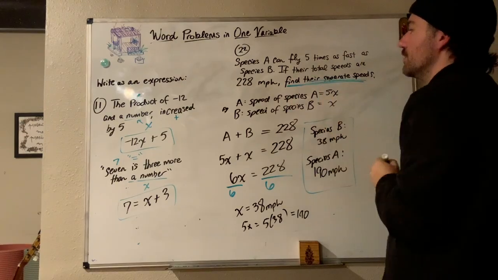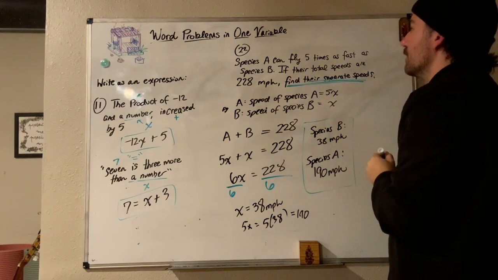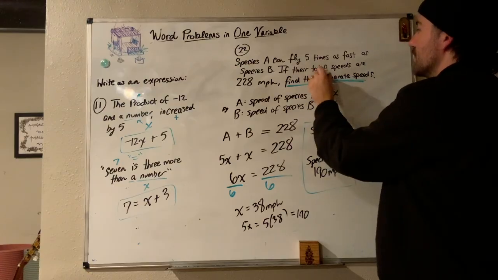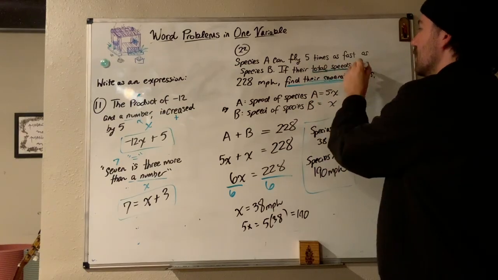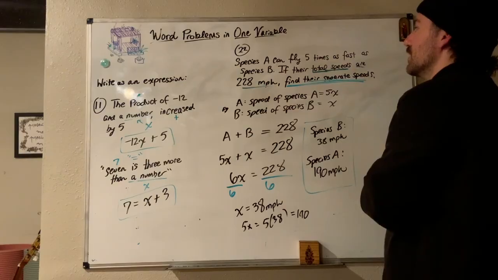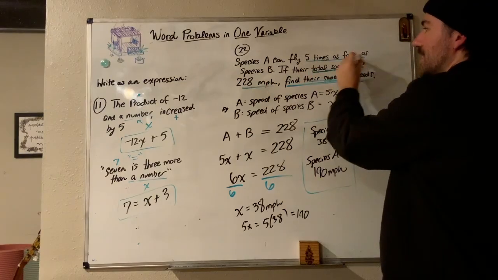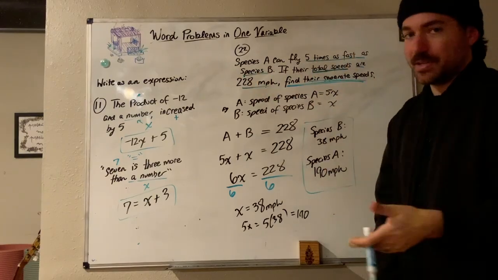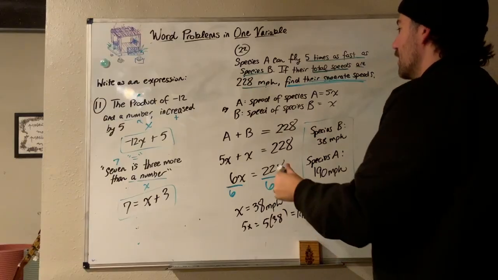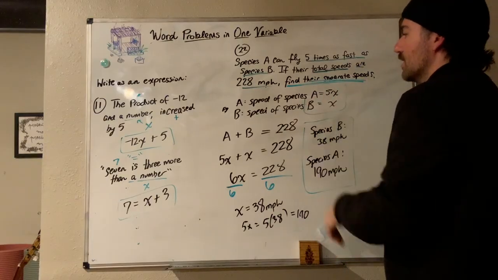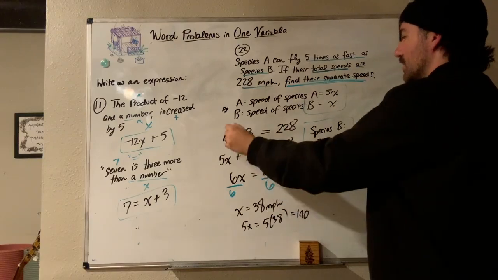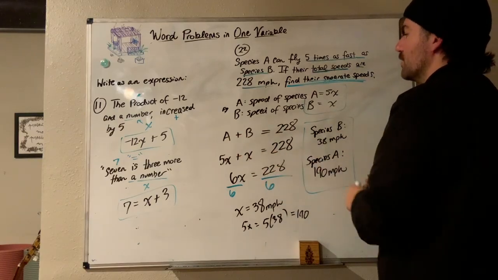Maybe first determine what they're asking for. Look for some kind of total statement, total speeds are 228. We get this 5 times as fast as species B. So little things that we can build relationships out of. I'll define some variables, in this case one variable, set up our equation and see what I can plug in.